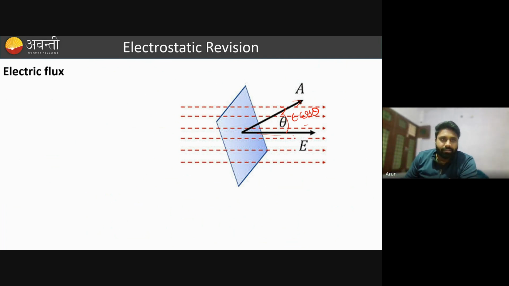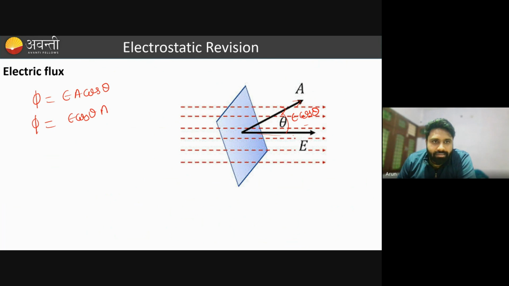Got it? Now, here the phi is equal to EA cos theta. So phi you can consider E cos theta into A. So this E cos theta is the E parallel to the area vector. Here A is the area vector. Area vector you have to consider.